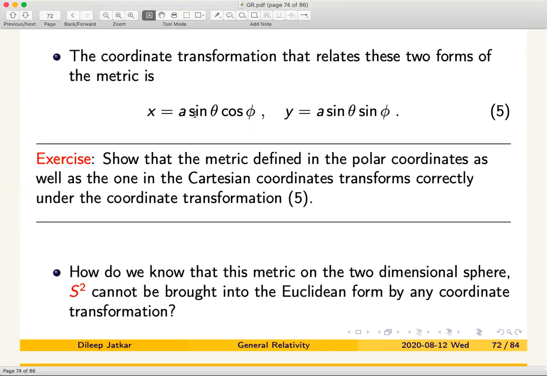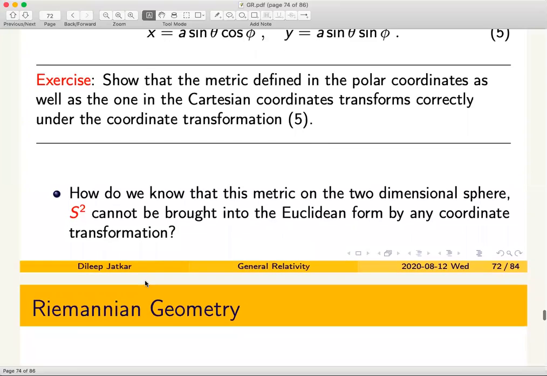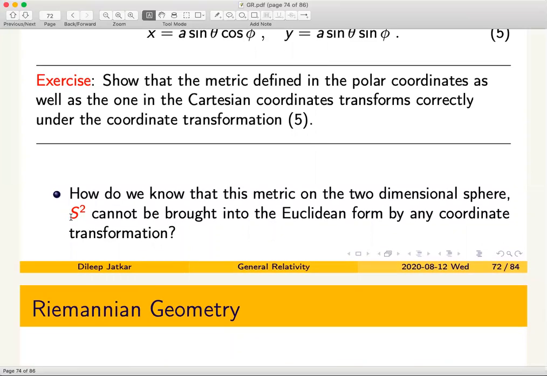If we can answer this question, then we can argue that S2 geometry is different from the geometry of any Euclidean space, I mean, in which S2 is embedded, or any Euclidean space having the same dimension as the sphere. In either case, we should be able to show that there is no way of going from S2 to that Euclidean space.